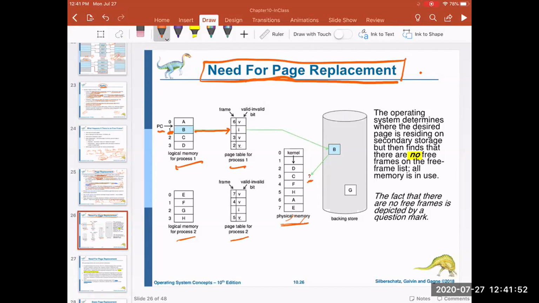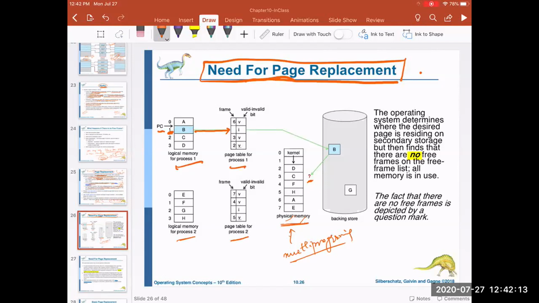Why has this happened? Because we wanted to keep as many processes as possible in the main memory to increase multi-programming. So all the frames available in RAM are utilized.